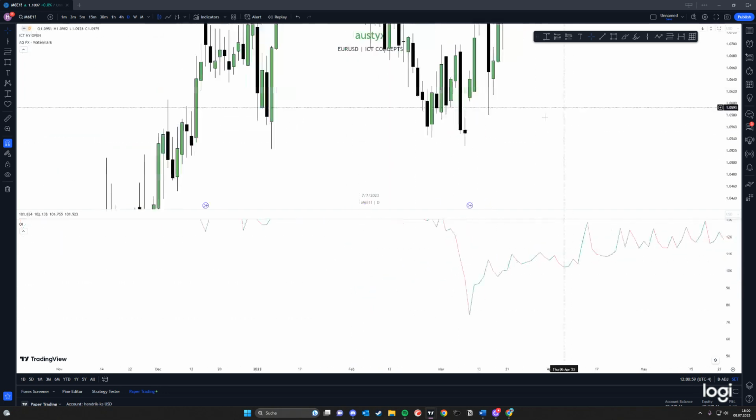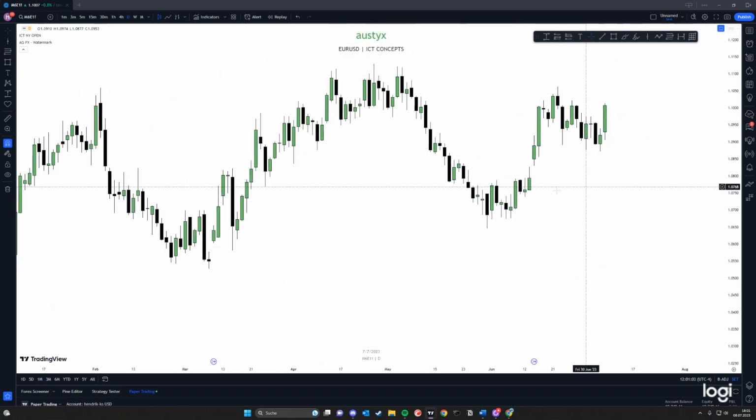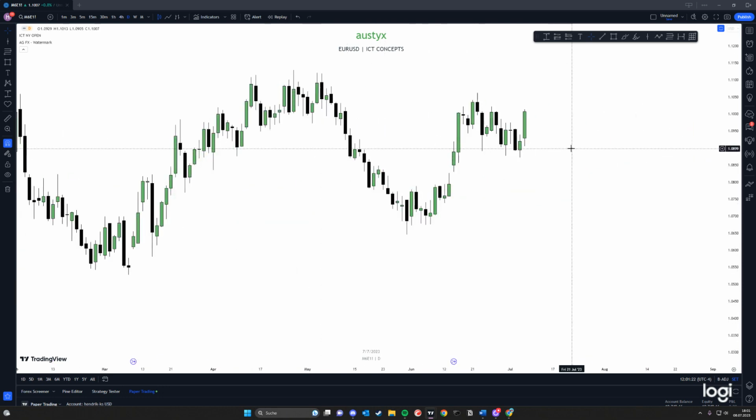This can be an indication of smart money changing their positions, to either get a lot of buy positions or get a lot of sell positions, or that they don't want to be in sell positions anymore. So in this case, open interest sank rapidly, and after price scooped up.